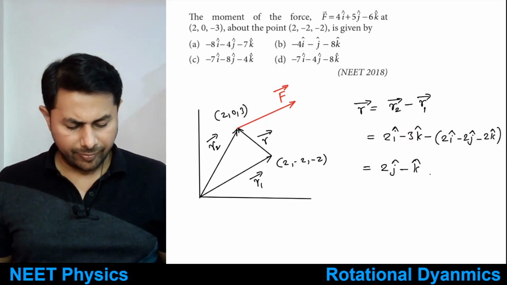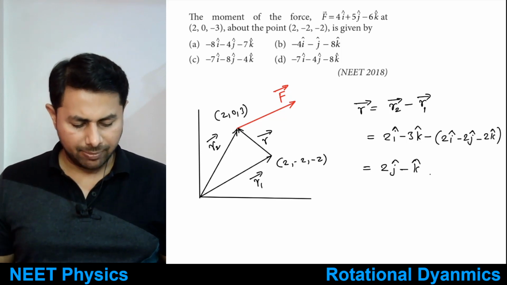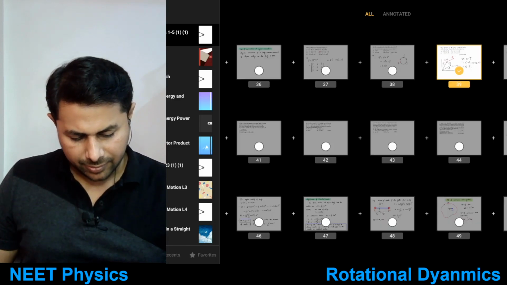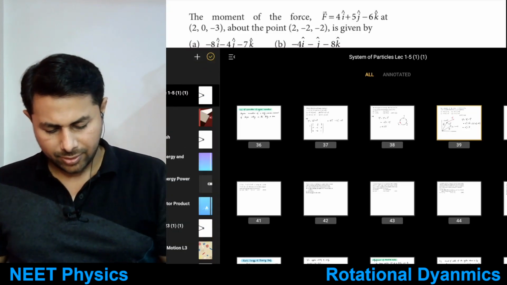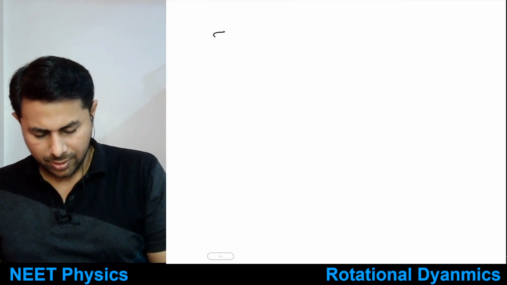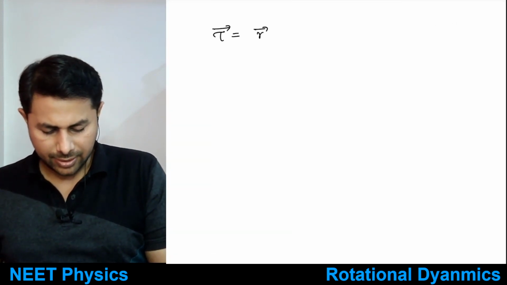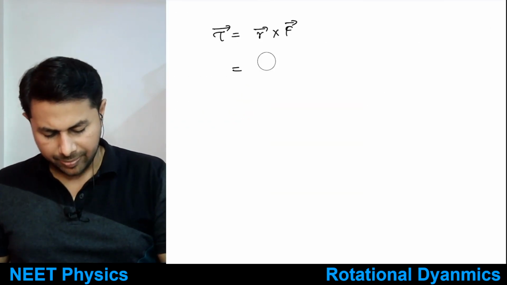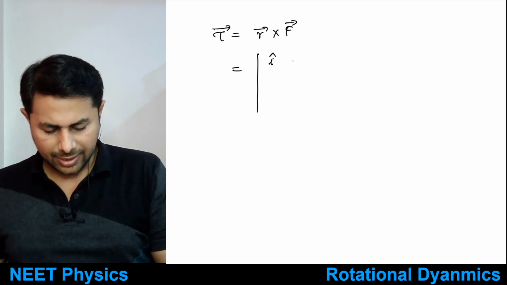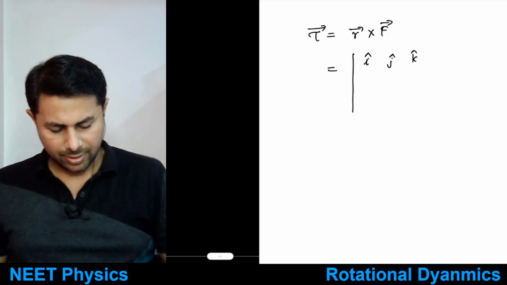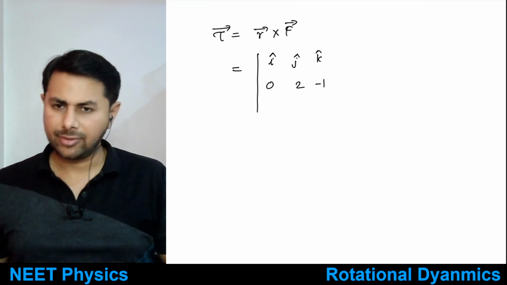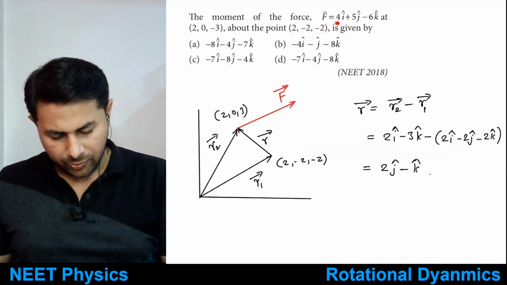Okay, you got the R bar. Then you just need to take R bar cross F bar. So what is torque? R bar cross F bar. So torque is equal to R bar cross F bar, and that is just equal to the determinant of I cap, j cap, k cap, and R bar, which is 0, 2 minus 1, and force is 4, 5 minus 6.